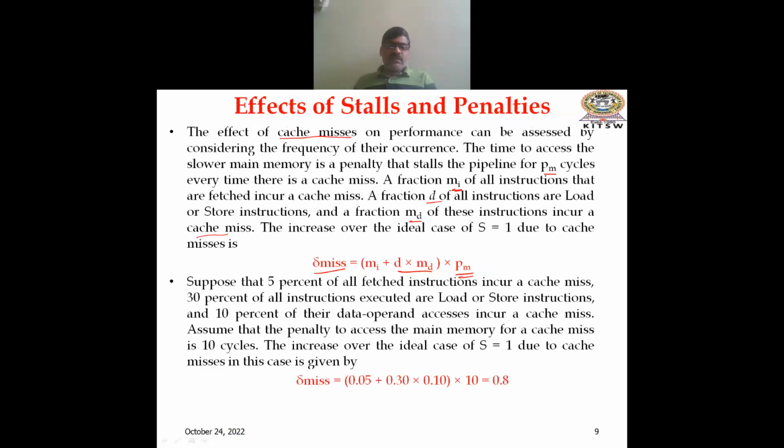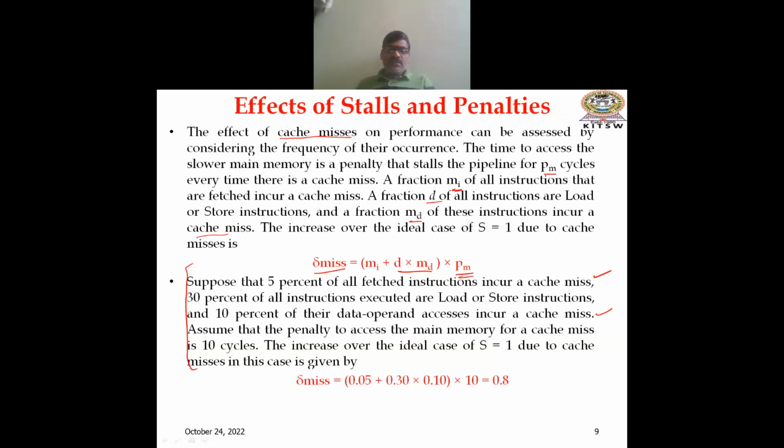For example, consider this scenario. Suppose that 5% of all fetched instructions incur a cache miss. 30% of all instructions executed are load or store instructions, and 10% of their data operand accesses incur a cache miss. Assume that the penalty to access the main memory for a cache miss is 10 cycles.